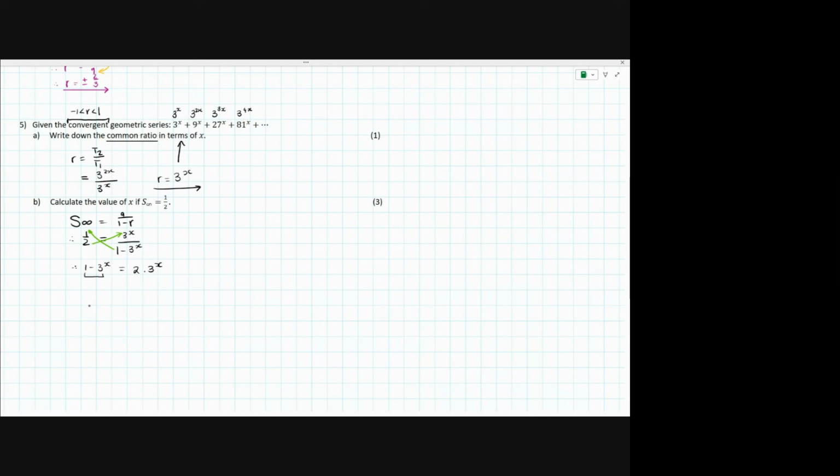You have no choice in the matter. So what I mean by that is, I can see that I've got a 3 to the power x and a 3 to the power x. If I put those terms on the same side, I can take out a common factor. So I'm going to have 1 equals, I'm going to bring this over so it becomes plus, 2 times 3 to the power x plus 3 to the power x. And I can take out a highest common factor.